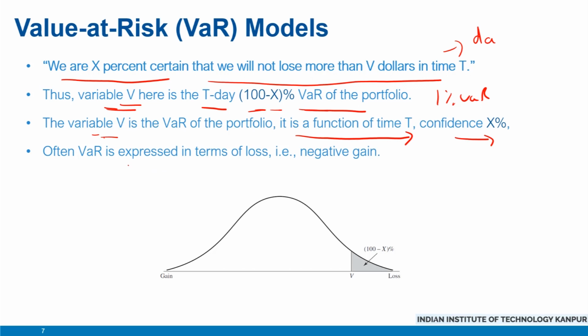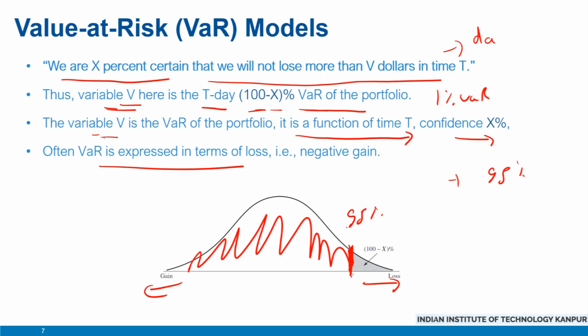Often this VaR is also expressed in terms of a loss function, which is the opposite of gain, a sort of negative gain. In the loss function, your gains will be on the left side, and your losses will be on the right side. So if we are talking about the loss function and associating a 95% confidence, then we are looking at the 95th percentile itself. We are looking at the left side of the cutoff, which is 95% of the area, a cumulative area of 95%.